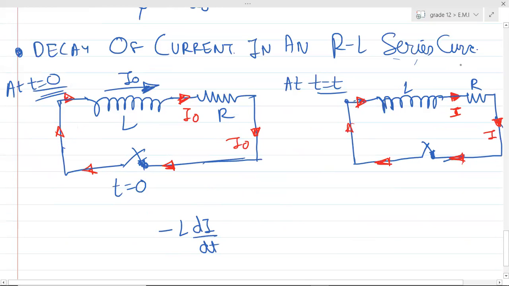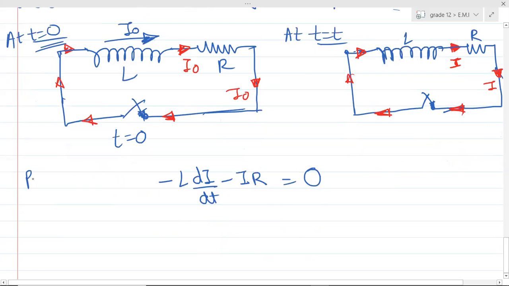Then I am going again in the direction of current, plus or minus? Minus I into R. Yes or no? And then I'll come back through this switch to this point. So basically this will be equal to 0. By Kirchhoff's voltage law, this equation will be formed.